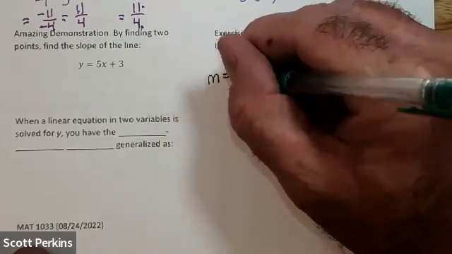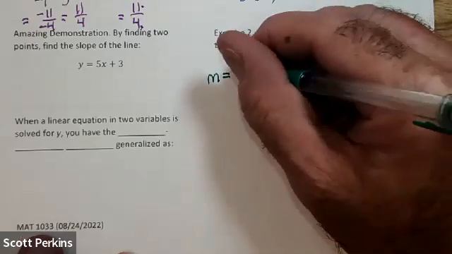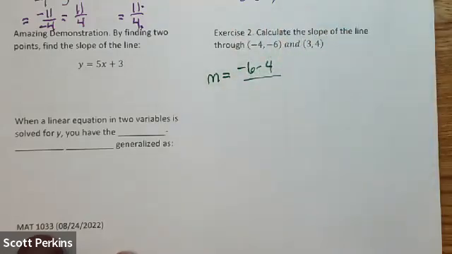So somebody tell me how we are going to calculate the rise of this. Sounds great. Negative 6 minus 4. Again, I'm just using the first thing that I heard. If you did 4 minus negative 6, go with it.